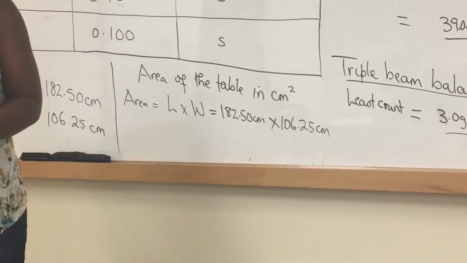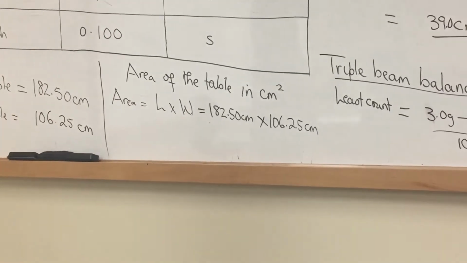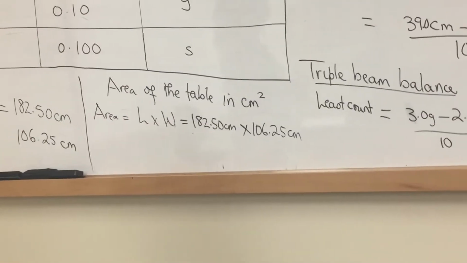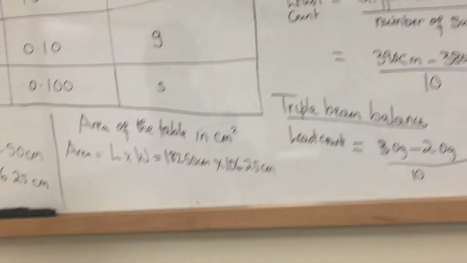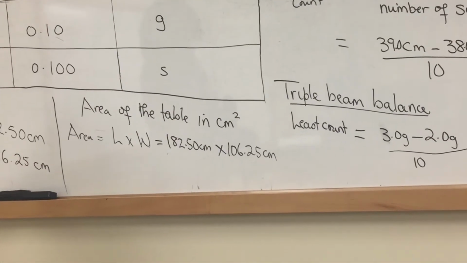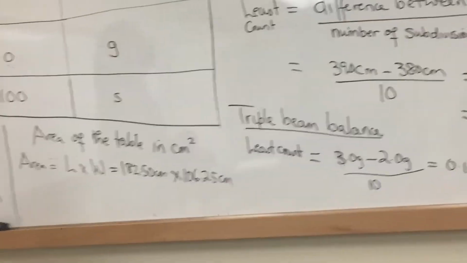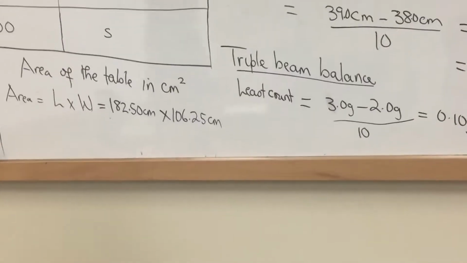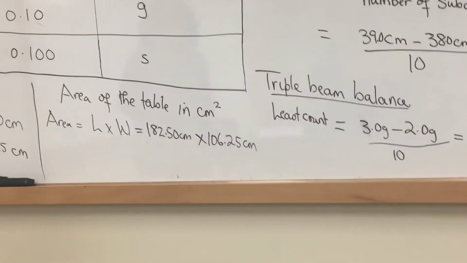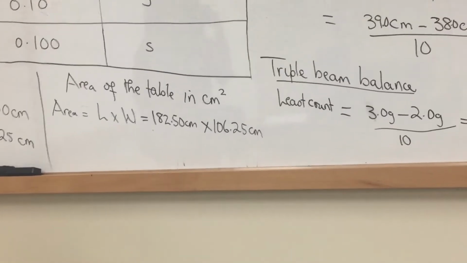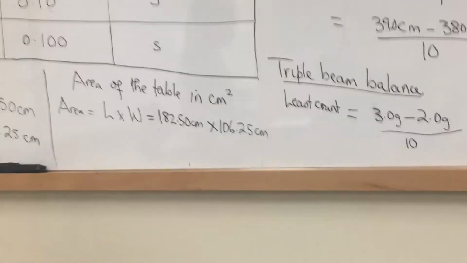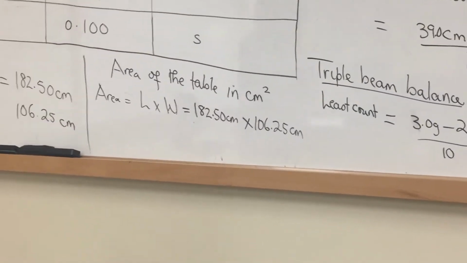According to the rules of multiplication, you will report the number of significant digits in your answer as there are in the number with the least that you are multiplying. So both numbers have 5 significant digits, so the area of the table should also have 5 significant digits. Now I'll go ahead and put these numbers in my calculator.